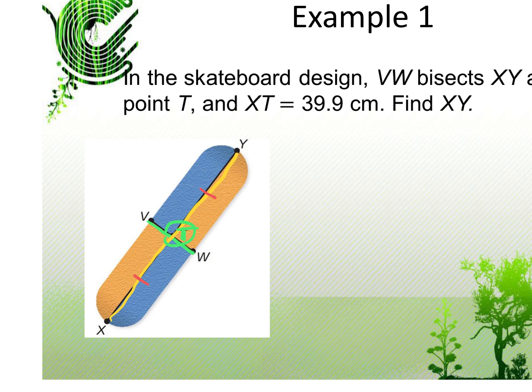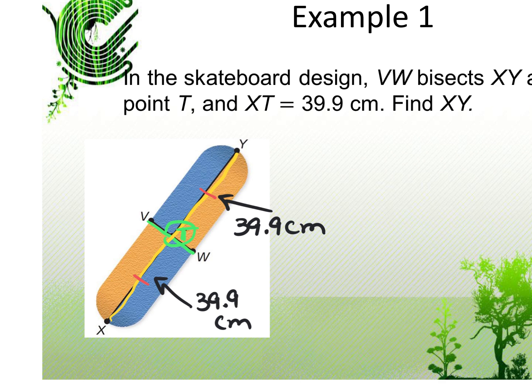Now they gave me the length of XT, and they told me that this segment right here is 39.9 centimeters. Well, since that segment XY was bisected, then I know this one, and it has the same congruency mark, is also going to be 39.9 centimeters.